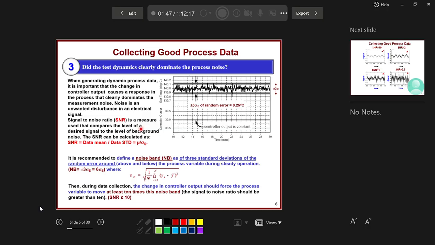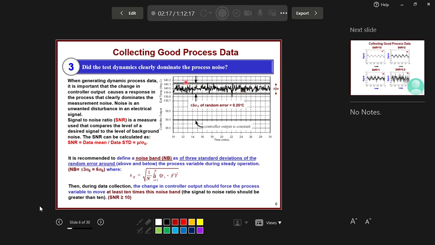So if we have a data like this, a noisy data, we need to define the SNR. So we take the mean and the standard deviation, we divide them, and we get the SNR. So this is the first thing we need to do. And then we need also to define what's called the noise band. As you can see here, this signal is supposed to be at steady state, but still it is noisy.